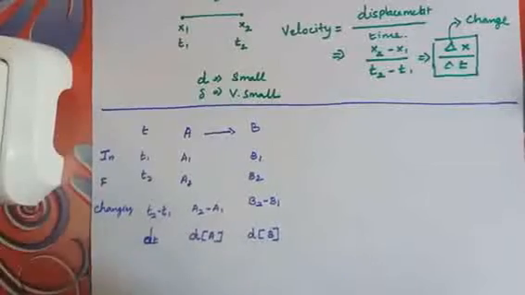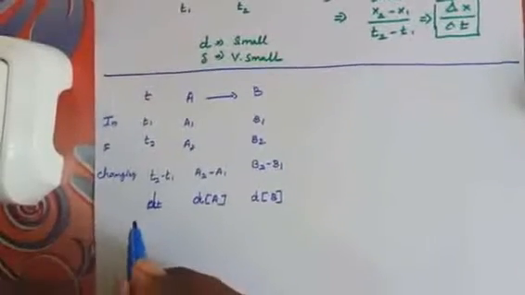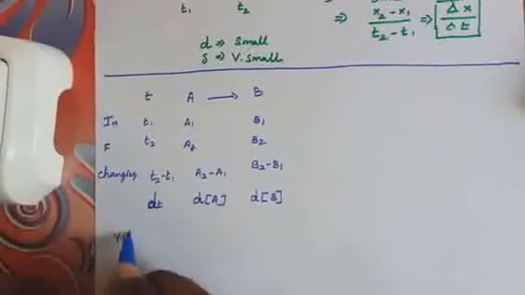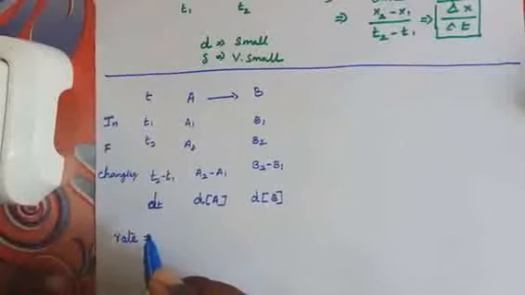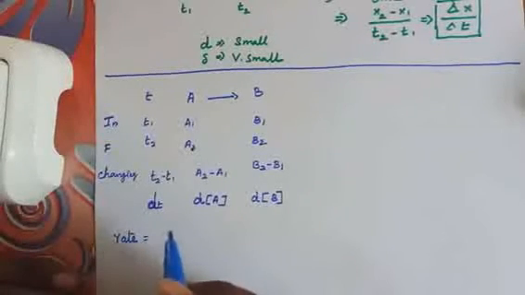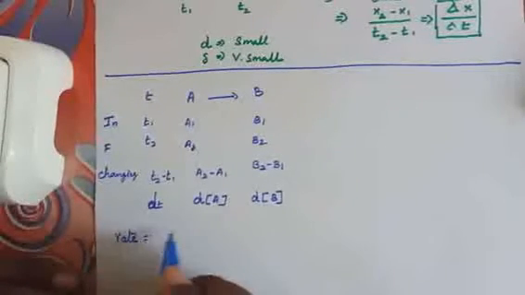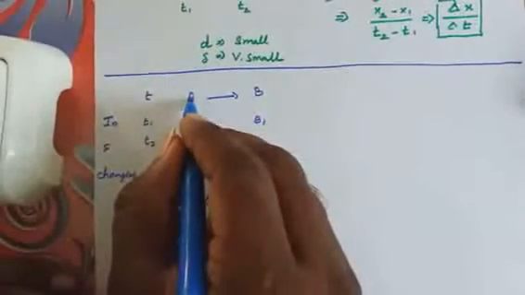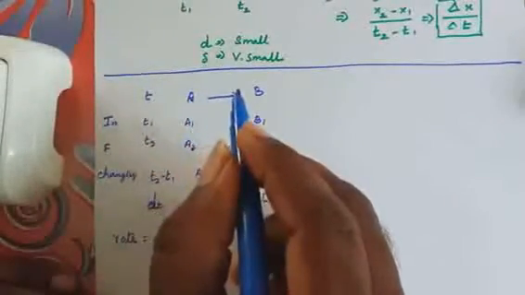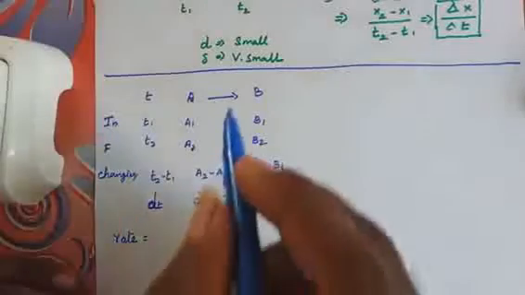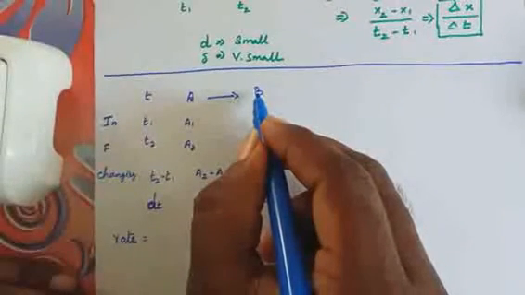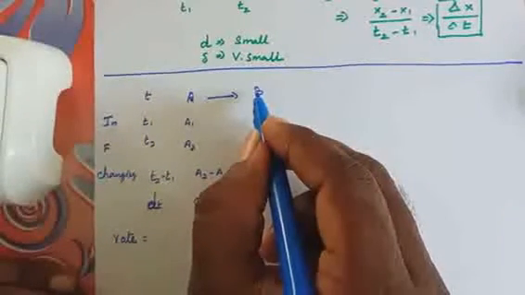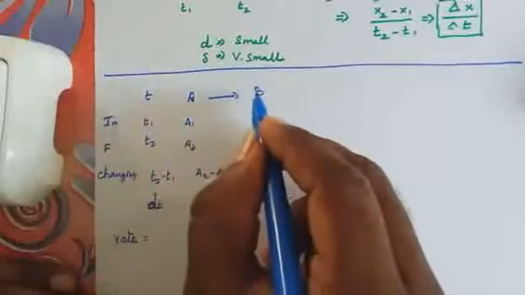Now we are going to measure the rate of the reaction on the basis of the above rule. The rate of the reaction is the disappearance of concentration of A with respect to time t, or the appearance of concentration of B with respect to time t, because during a chemical reaction A is simultaneously converted to product.